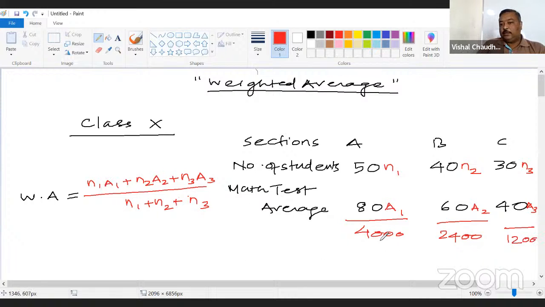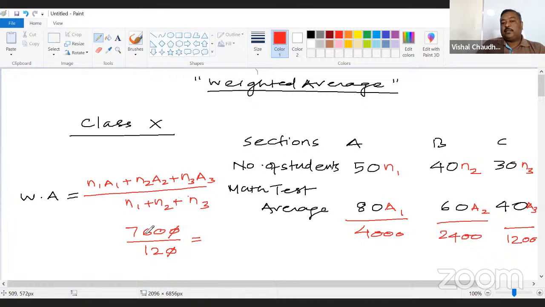So total 4000 plus 2400 is 6400, plus 1200 is 7600. So 7600 divided by the number of students, that is 50 plus 40, 90, 90 plus 30 is 120. So 120. A 0 got cancelled by a 0, 12.